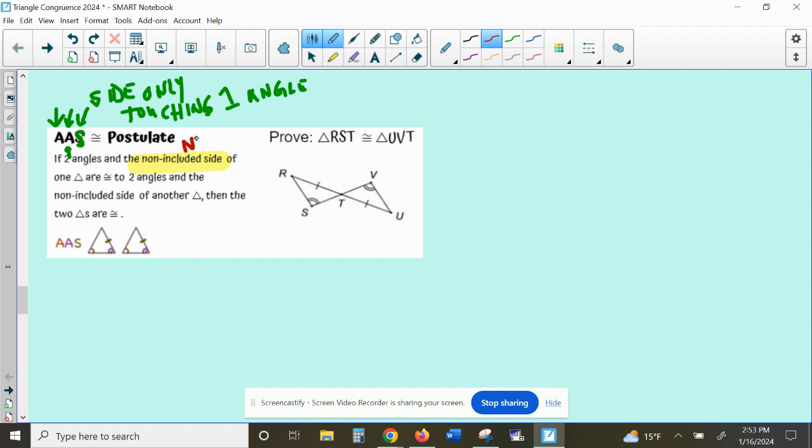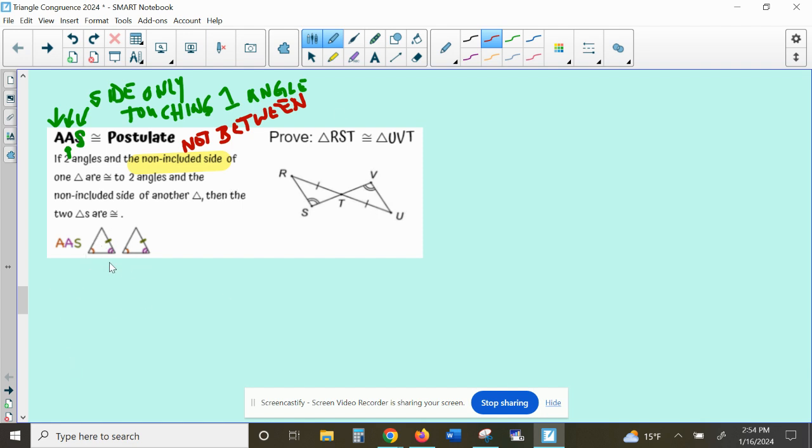Non-included means not between. So that means that the side that you have cannot be between the 2 angles that you have. Okay, so if we have 2 angles and the non-included side that are congruent, then one triangle is congruent to the same thing on the other triangle.